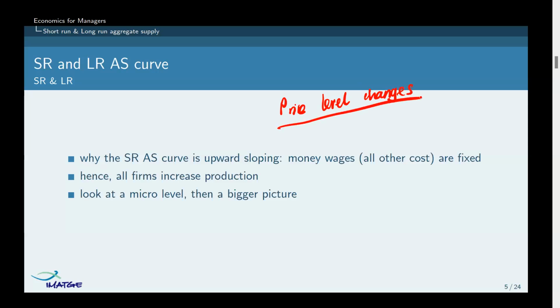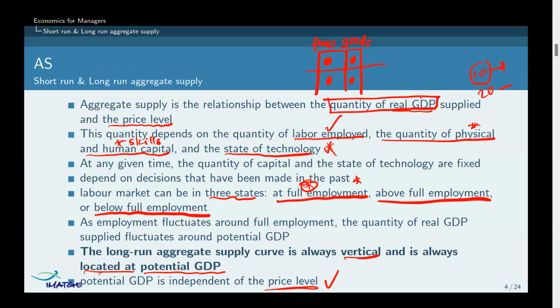Doctor, sorry to interrupt. I am actually being left behind. I am still on the second last bullet point before we went to the illustration. I think I'm not understanding how the long run aggregate supply curve is always vertical.